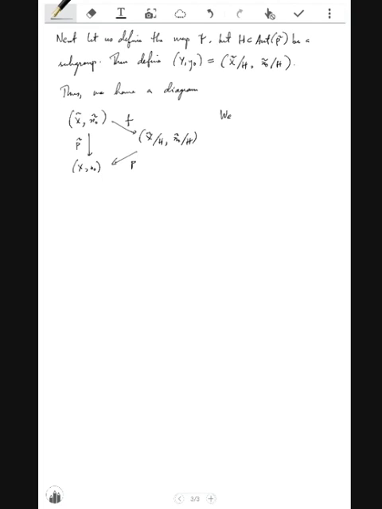So we need to show that p is a covering map. So p exists by the universal property of the quotient map.